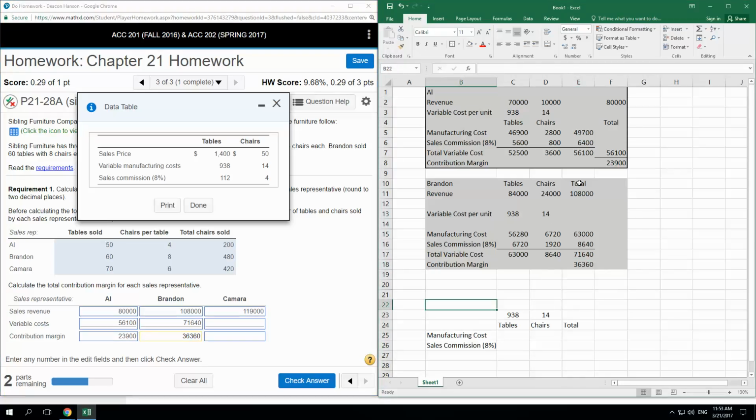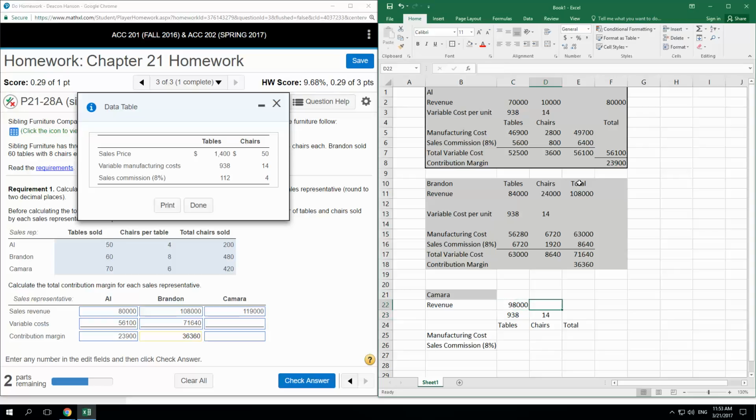Okay, and then finally we will do this guy. This is Kamara. Okay, Kamara's revenue for tables will be 70 tables times 1,400.